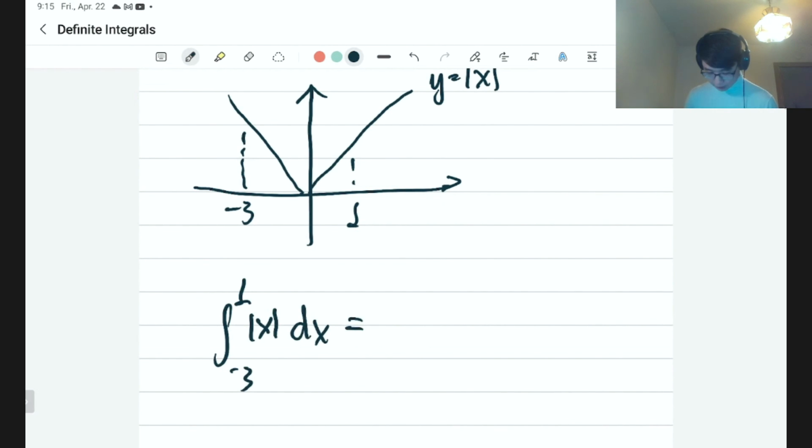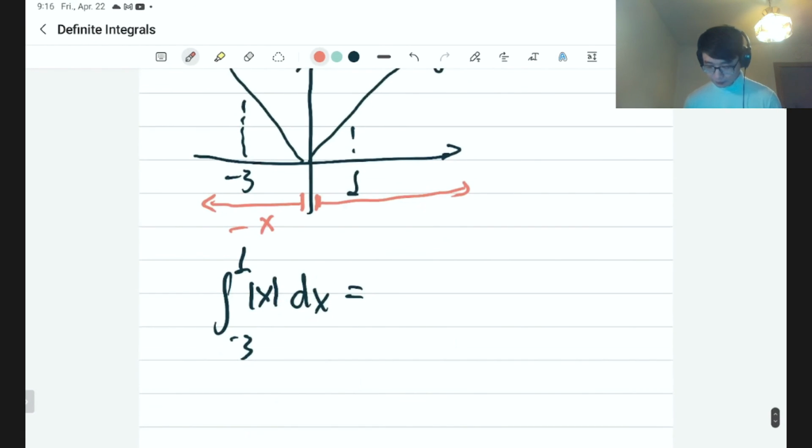When solving with absolute value, always remember that if my interval is all on the negative side of x, then x is turned to negative x. If all my interval is on the positive side, then my x is positive x.